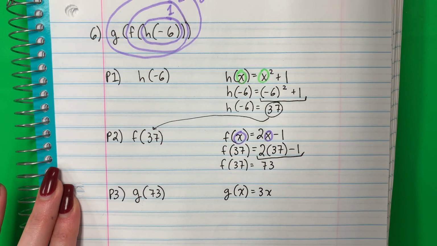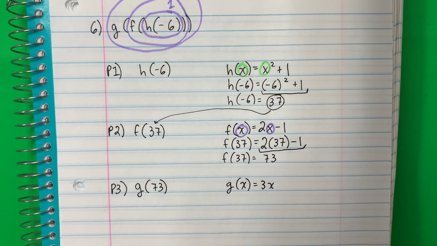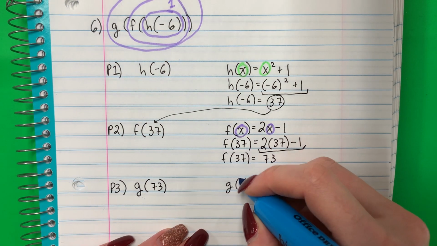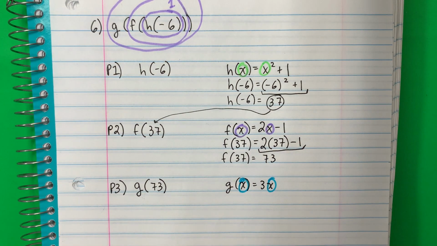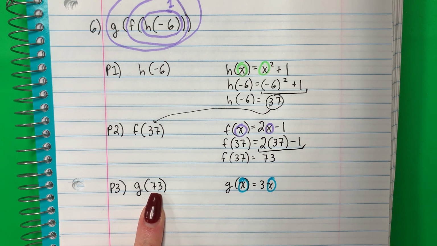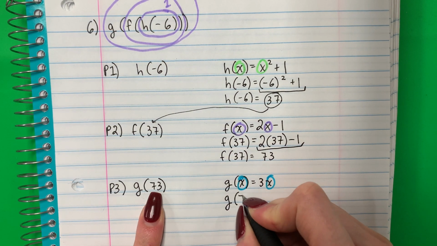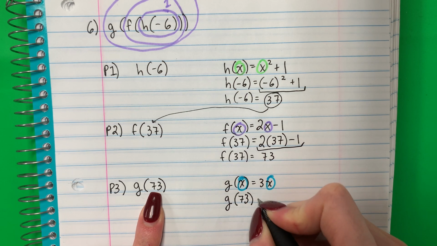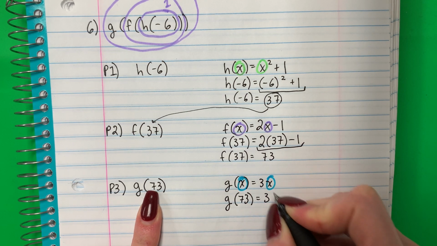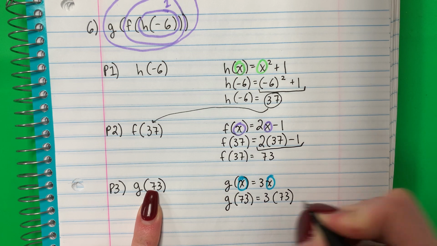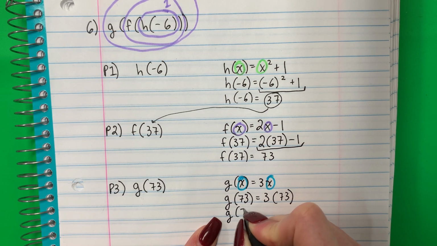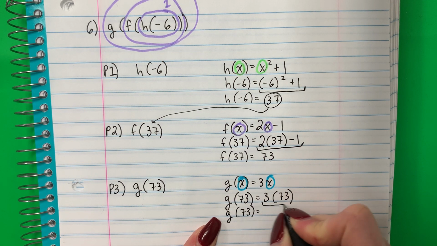I'm going to replace the x. Voy a reemplazar la x. With 73, con 73. So G of 73 equals 3 times 73. Copy. G of 73 equals, calculator.